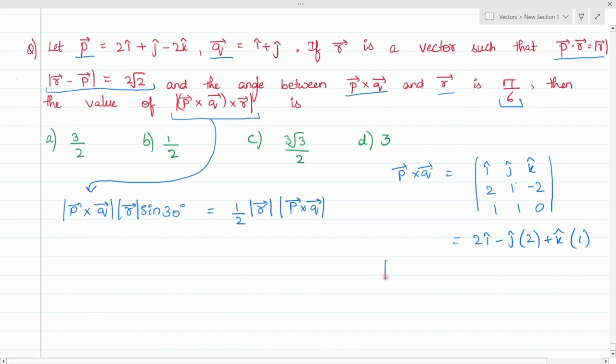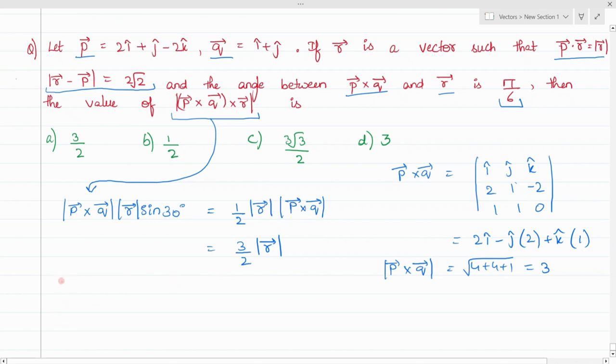So magnitude of P cross Q becomes root of 4 plus 4 plus 1, that is 3. So it becomes 3 by 2 magnitude of R. But how do we find this magnitude of R?